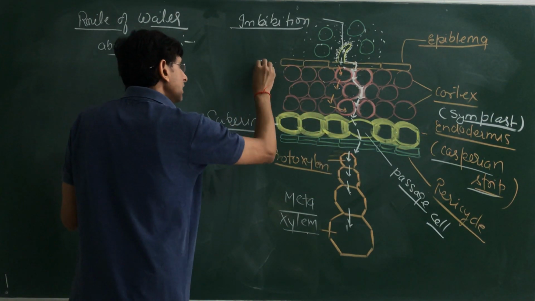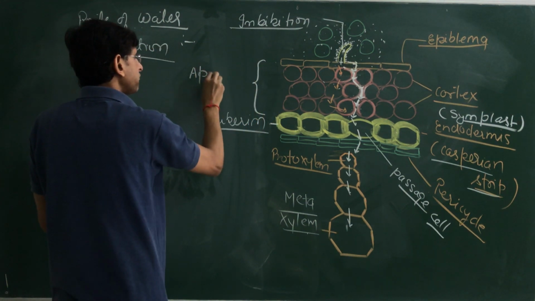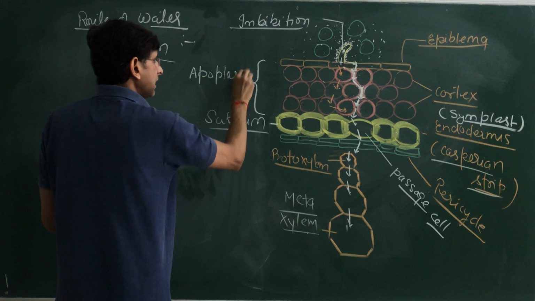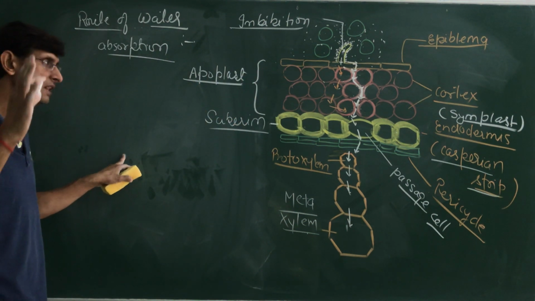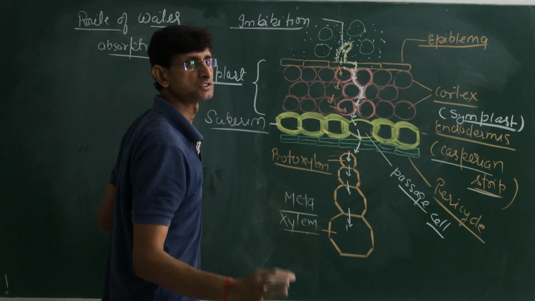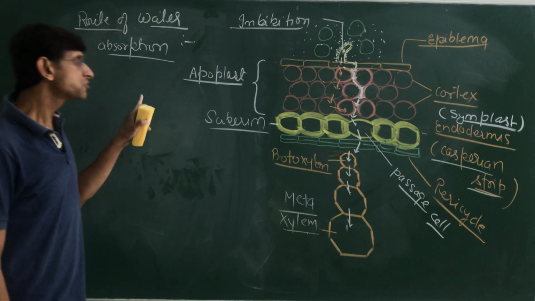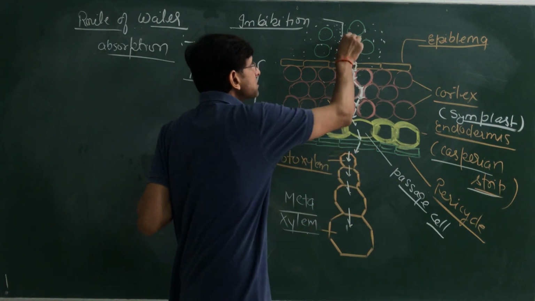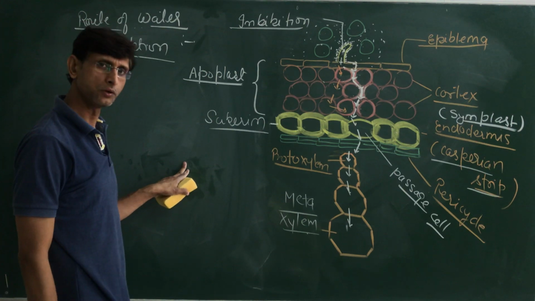So in the complete cortical region, the water mostly favors which pathway? That is apoplast. And apoplast includes cell wall and intercellular spaces, but never the membrane and cytoplasm. Okay, so till endodermis, movement of water mostly occurs through apoplast.